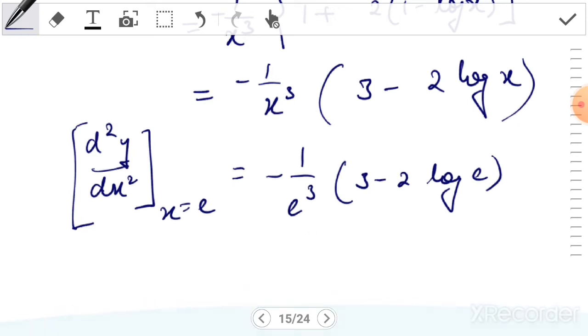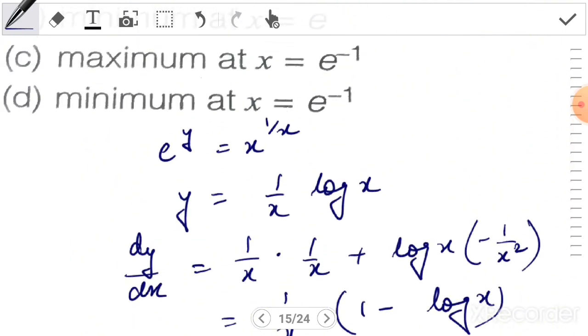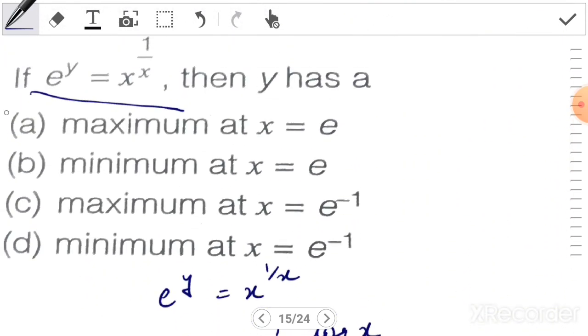So 3 minus 2 is 1, so this is nothing but minus 1 by e cube, which is negative because the value of e is 2 point something, 2.7. So at x is equal to e, we have a maximum. So the answer is A. So next problem.